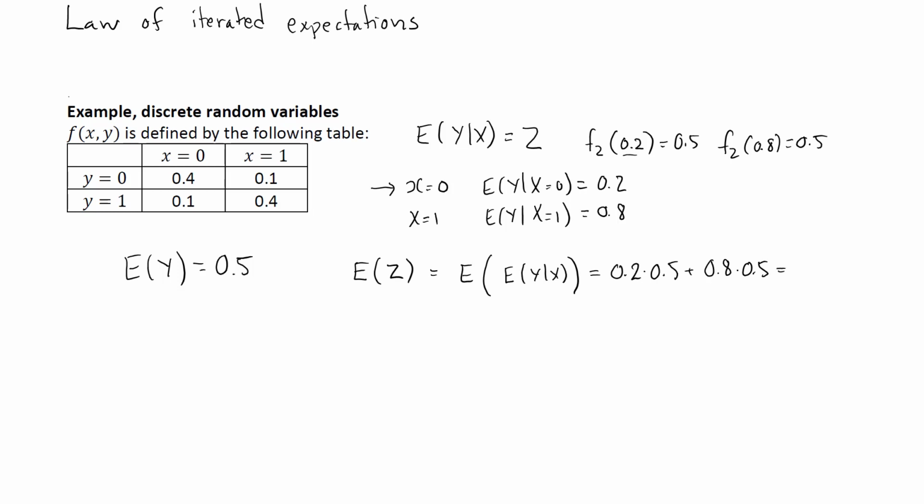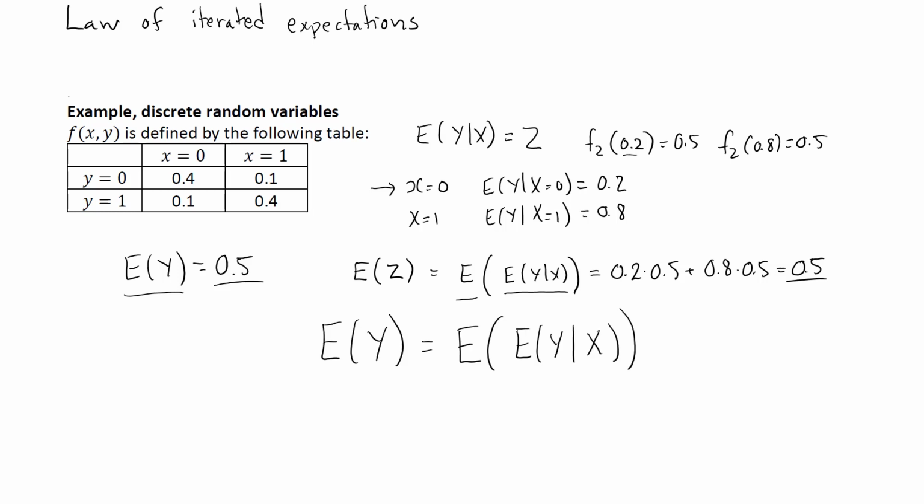And that is precisely equal to 0.5. Turns out that this is not a coincidence. The unconditional expectation of y will always be equal to the expected value of the conditional expectation of y given x. This very important result is called the law of iterated expectations.